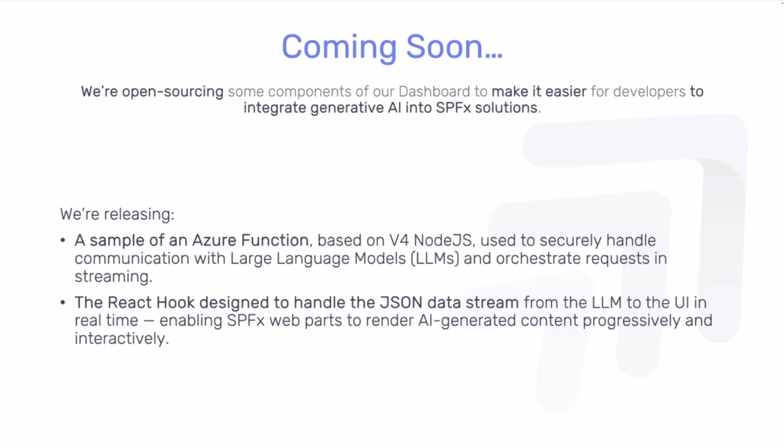This means that we want to release some samples of the Azure Function v4 in Node.js to interact with LangChain, and then return the data in streaming mode as an open source sample. And we want to make open source the React hook that we created to manage the streaming of the JSON from our functions.